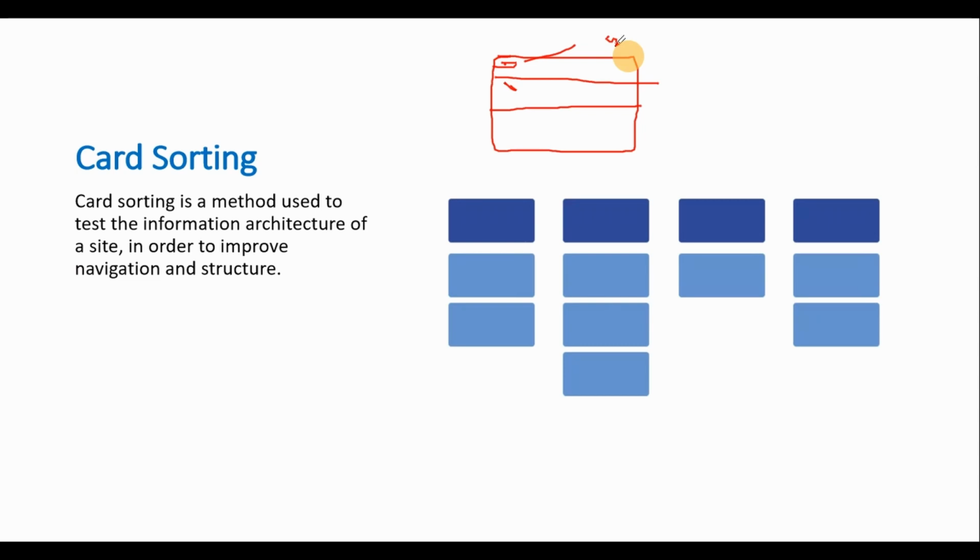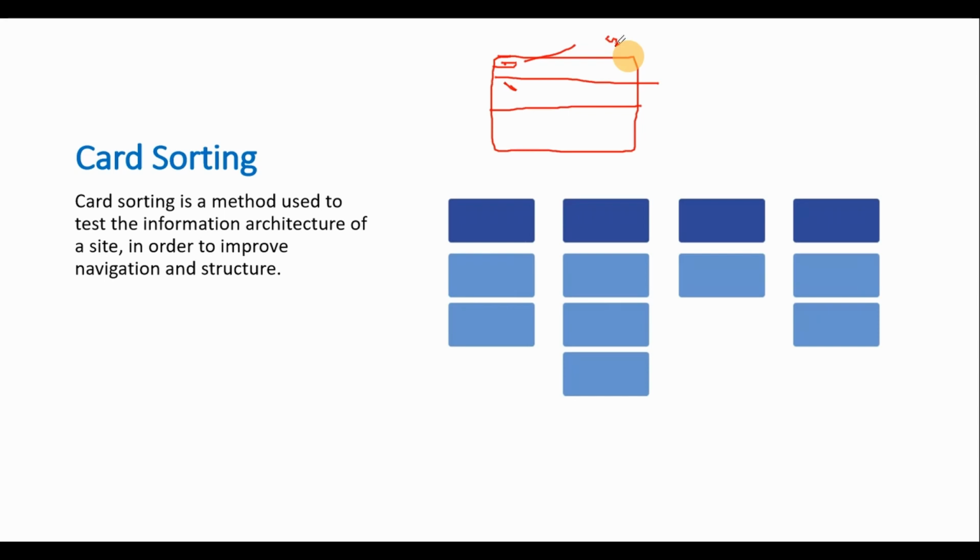How are you going to have these arranged, to give to users to arrange, to tell in what way the navigation is going to be much easier for them to understand the product? So basically there are two types of card sorting: open and closed.